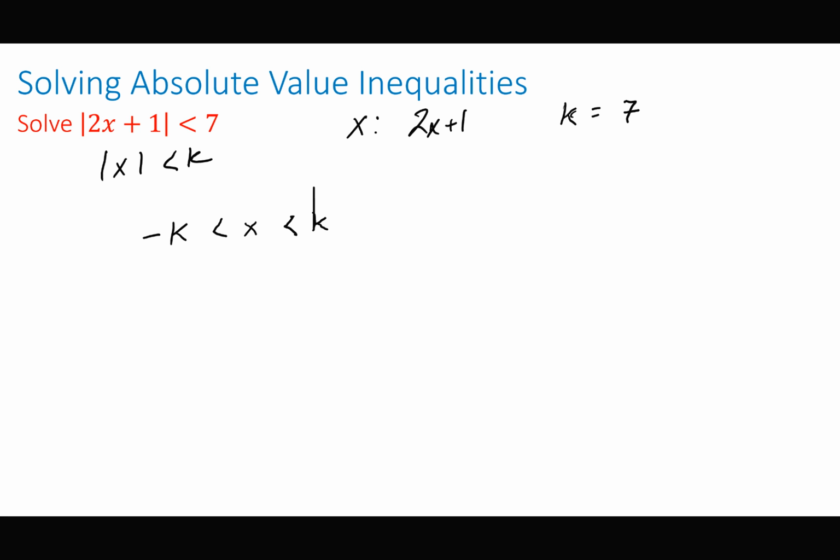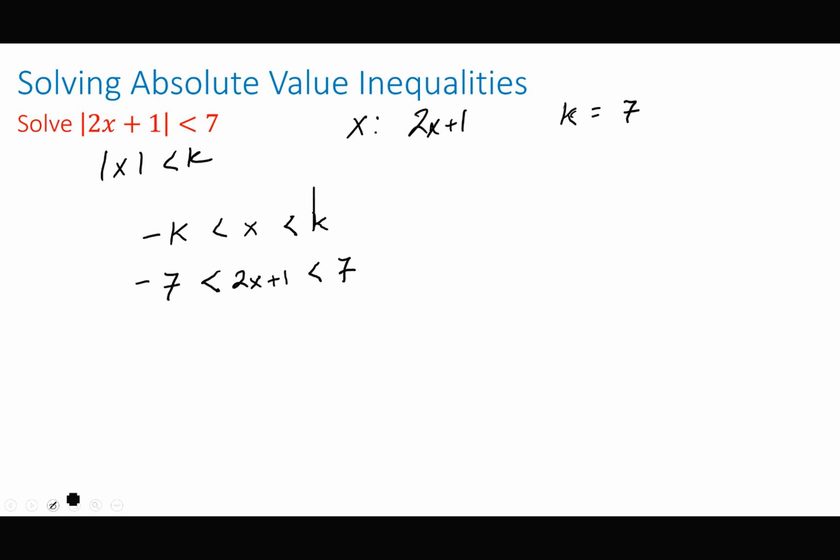So this one we could set up, and this is going to be negative 7 is less than my expression 2x plus 1 is less than a positive 7. We haven't done any solving yet. Like I said, this is the stuff you have to know to be able to get to the point where you can solve. And it follows that pattern. If it's absolute value of x less than k, it's going to be this compound inequality where x is going to be in the middle. Identifying, well, really, x is my expression 2x plus 1 for this problem, and my k is 7.